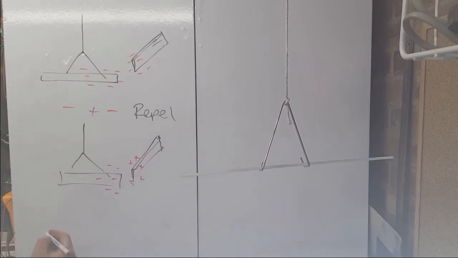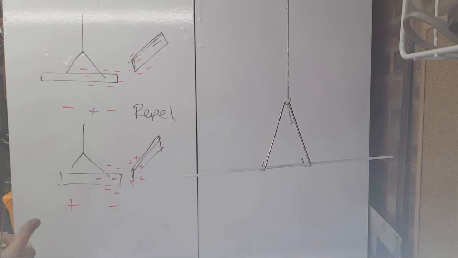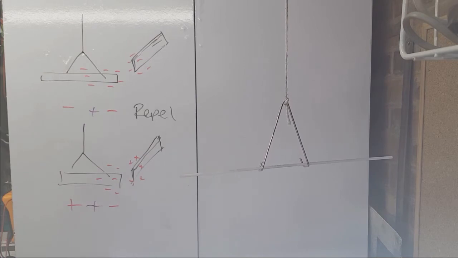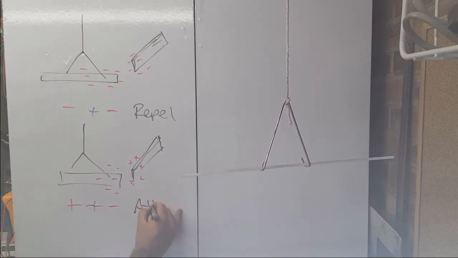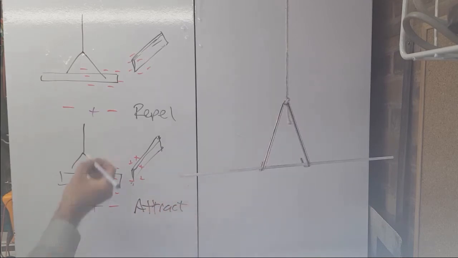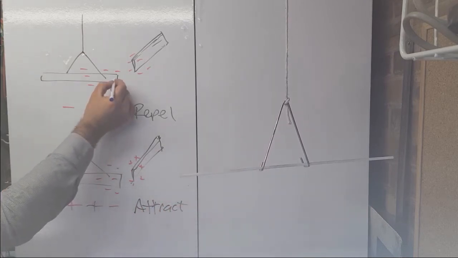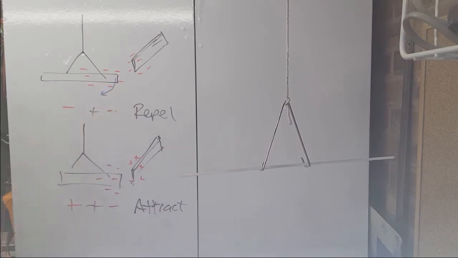And in this case we have a positive and a negative. So we add those two together and we end up with an attraction. So in this situation the rod will move away, and in this situation it will turn towards.